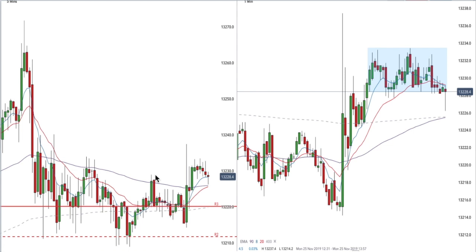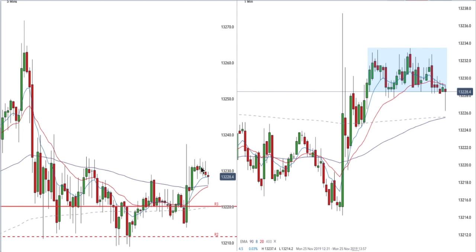As you know, I'm always looking at the 3 C's: context, content, and confluence. The double top, the head and shoulders top, is content, but the context has to be right. Well, it's at the top, isn't it? It's at the top, but careful examination of the 5-minute time frame means that you're looking at a low, similar low, and then a higher high, higher low, and a higher high.